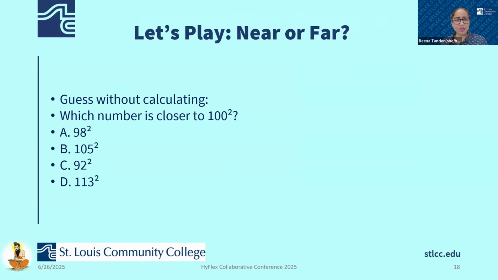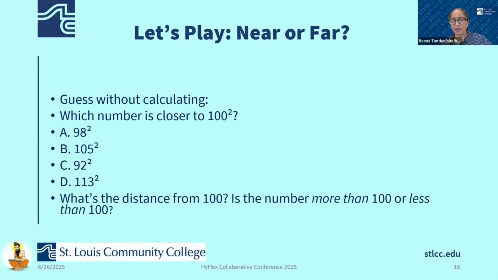Which number is closer to 100 squared? Can anybody tell me? All numbers are definitely close to 100, but when you observe, some are less than 100 and some are more than 100 as well.